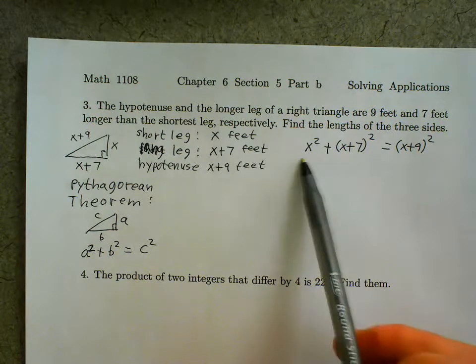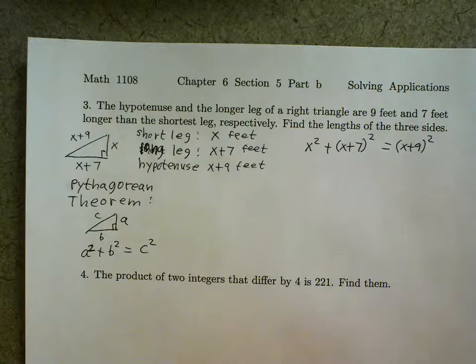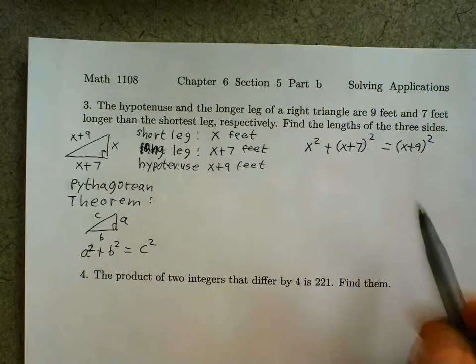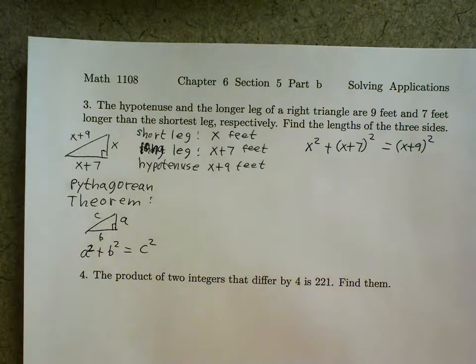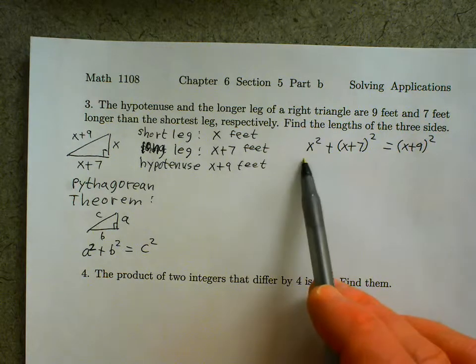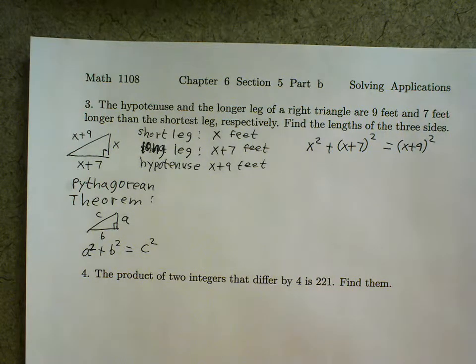Okay, so we get this equation. So for this kind of polynomial equation, the only method that we've discussed for solving a polynomial equation is to solve it by factoring.